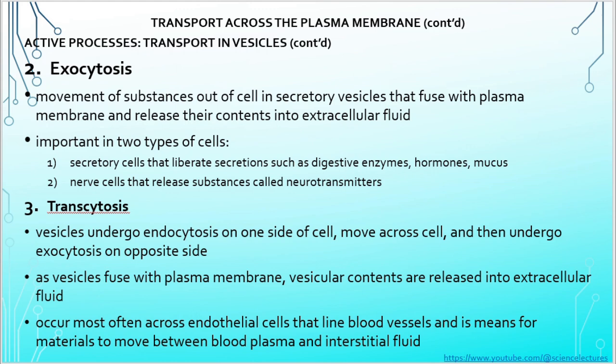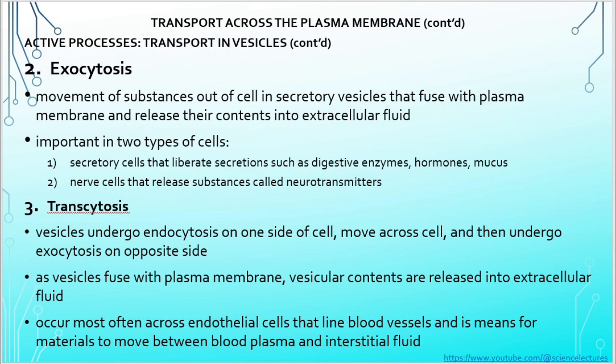Having described the three types of endocytosis, we now turn our attention to exocytosis. In contrast with endocytosis, which brings materials into the cell, exocytosis releases materials from the cell. All cells carry out exocytosis.